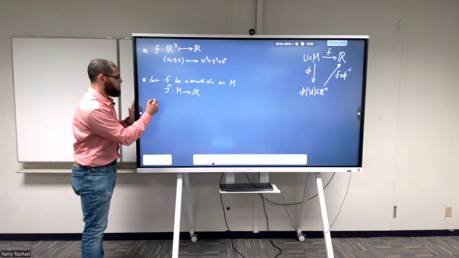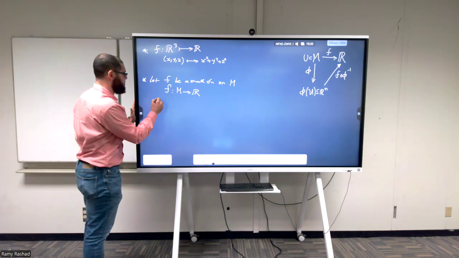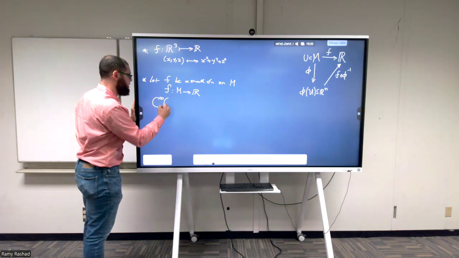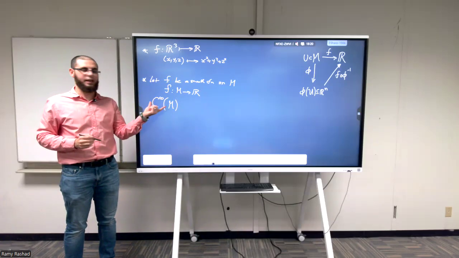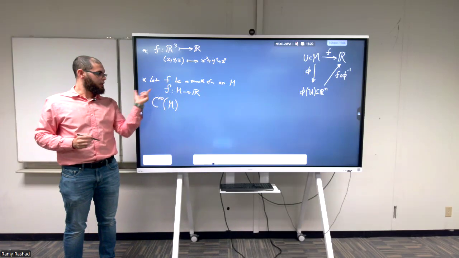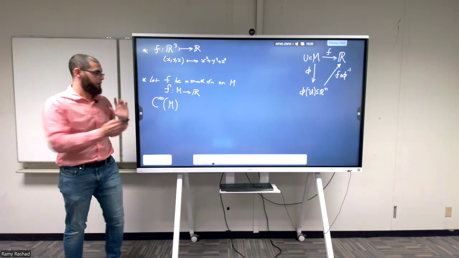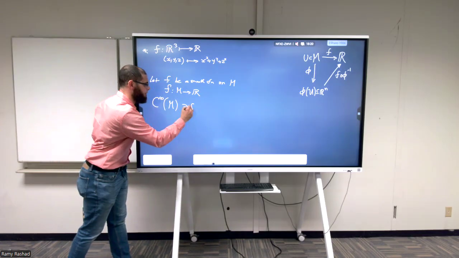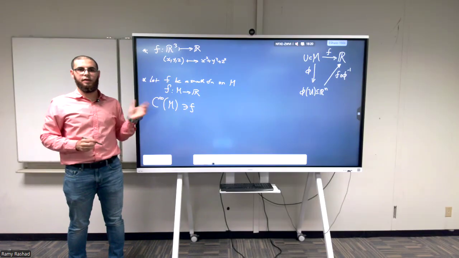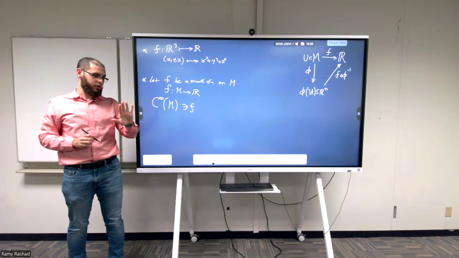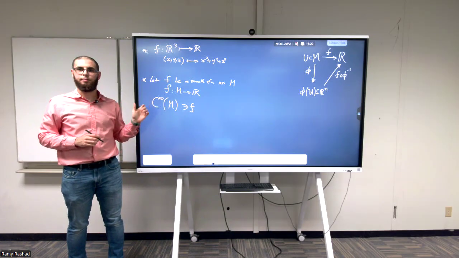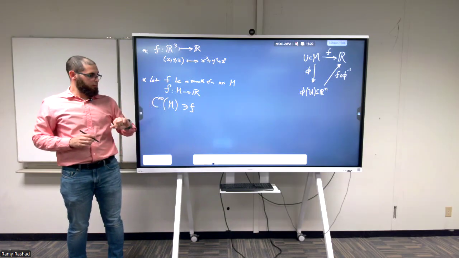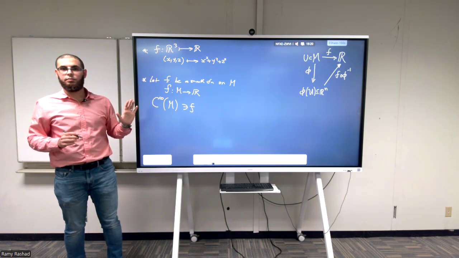Then the set of all smooth functions on M is denoted by C infinity of M. This is a notation that means all smooth functions on M, so f lives in this space. This is a notation that you're going to find in some textbooks and papers. Any question?